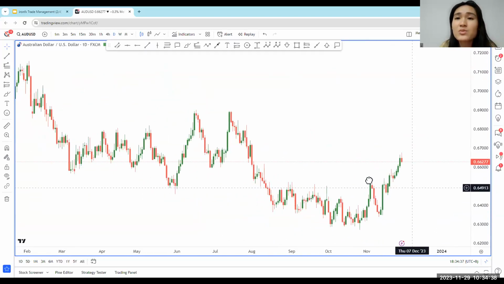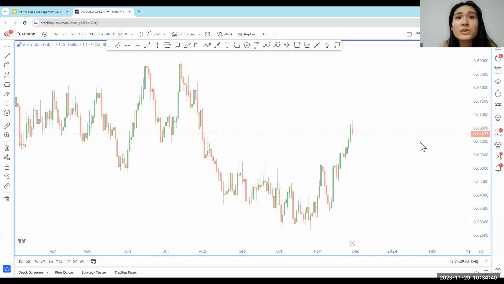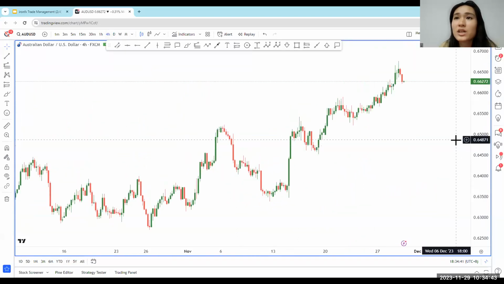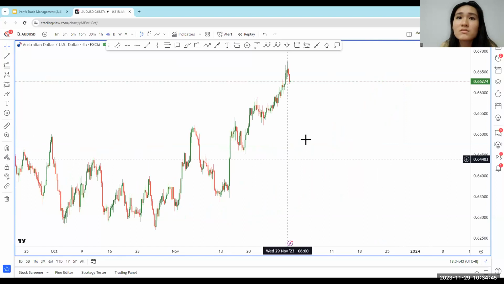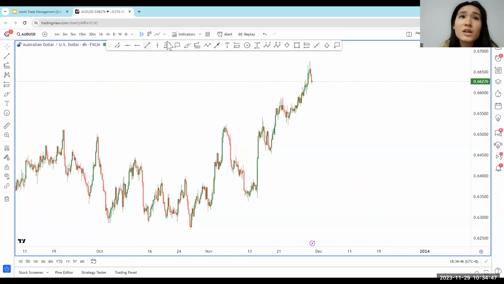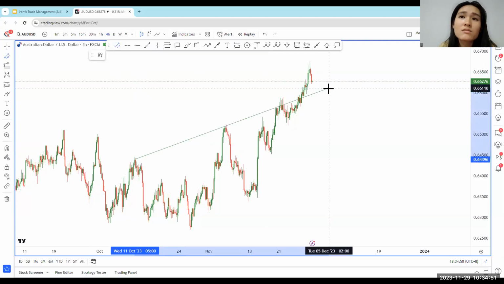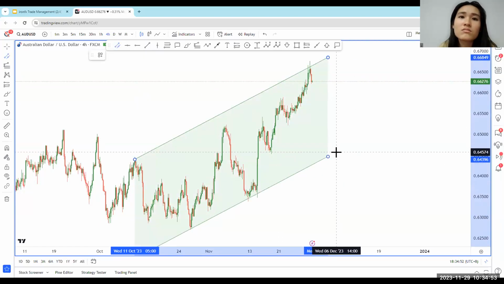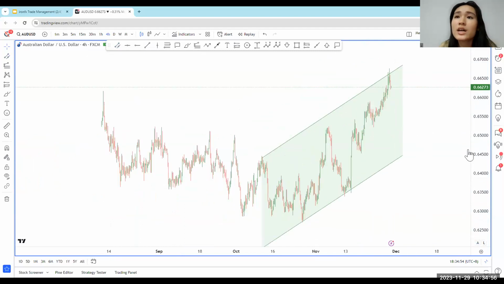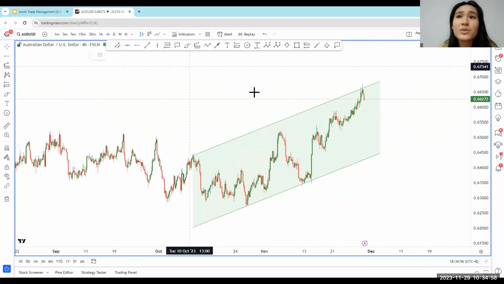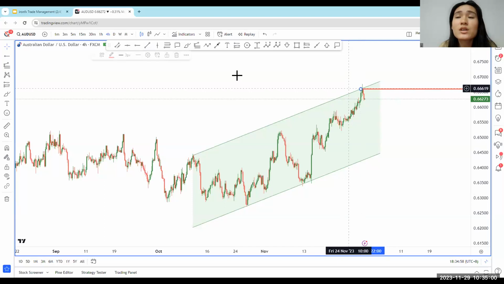It looks like it's going up as well. Let's see if we have a trend channel first. Yes. Now let's go in with our support levels.